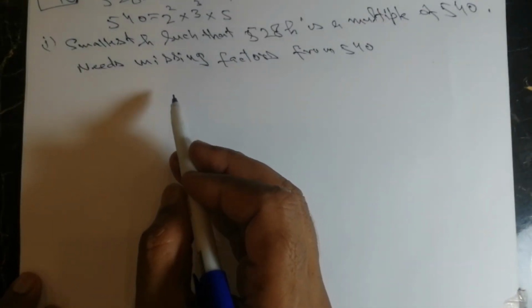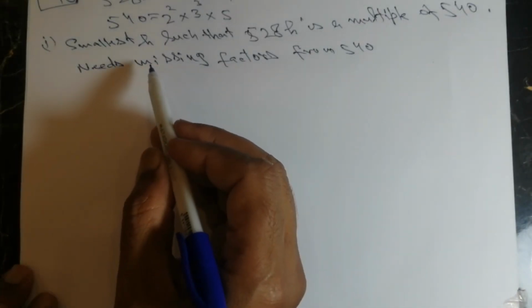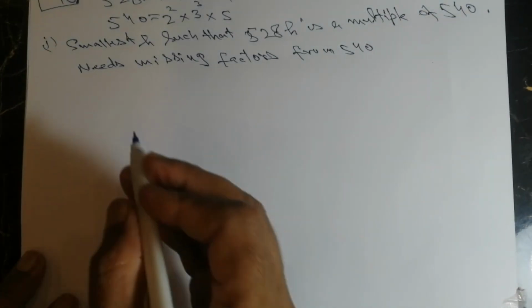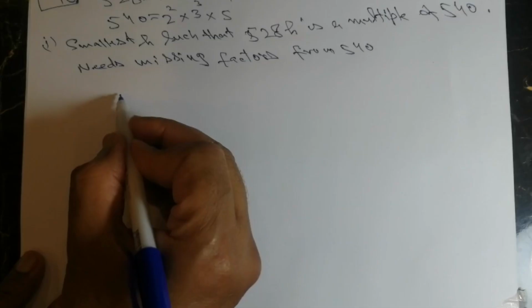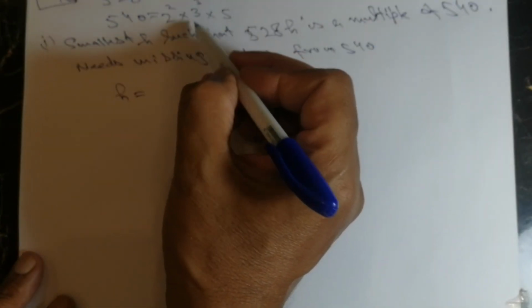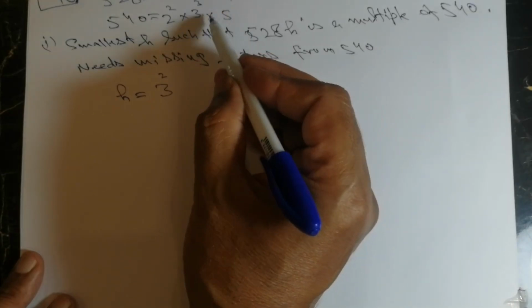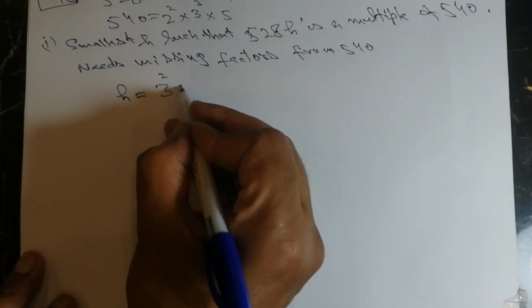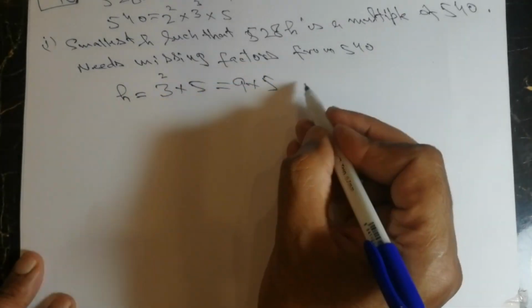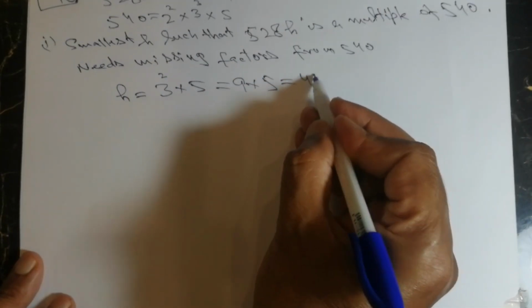So what are the missing factors here? h will be equal to, comparing, 3 square is more, and the other factor is 5, that is 9 into 5, that is equal to 45.